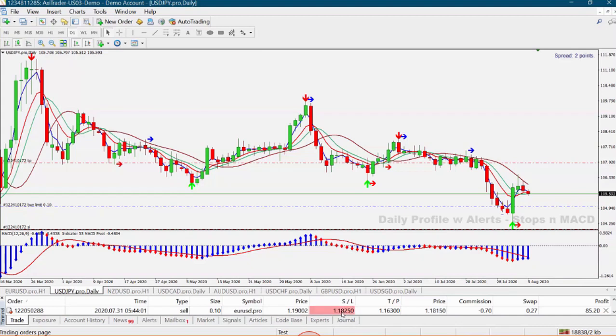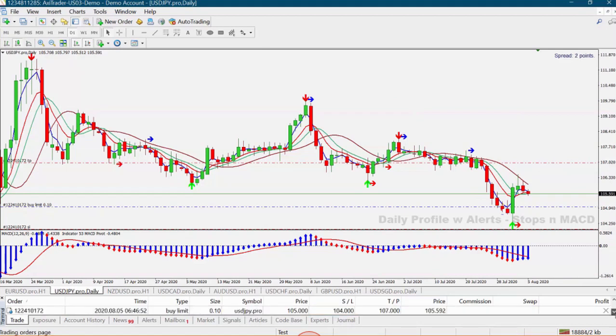That flashing stop loss means we're within 10 pips of the stop loss. When this turns pink or red or whatever color you want to call this, it flashes. It says that we are definitely within 10 pips of the stop loss. And as I said, I anticipate that we're going to get stopped out. So that is the trade for today.